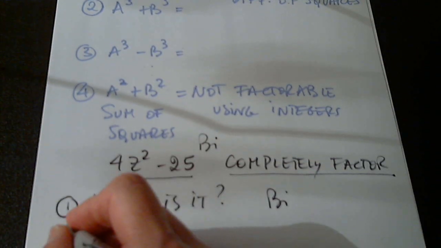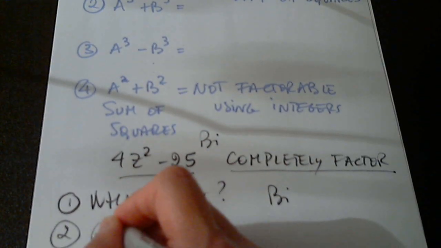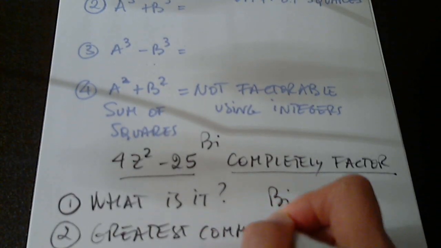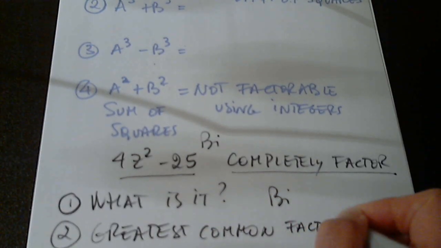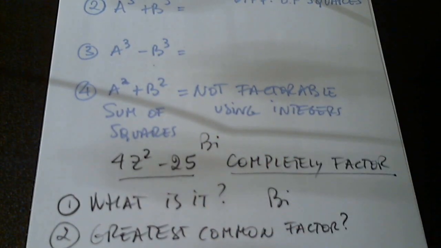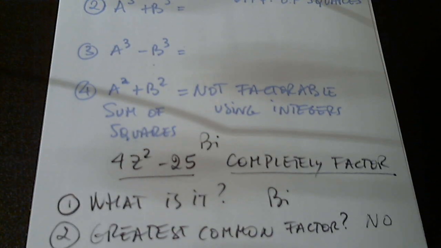Then my next question in my head is this: greatest common factor? Do these two terms have a common factor that I can pull out and make my life easier? No. In this case, the answer is no. 4z squared and 25, no, they do not have anything in common.